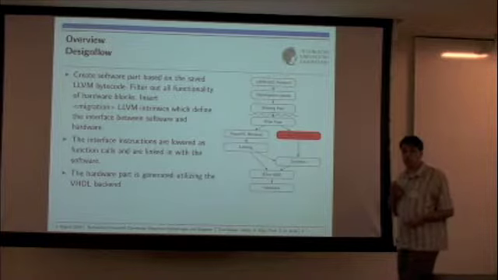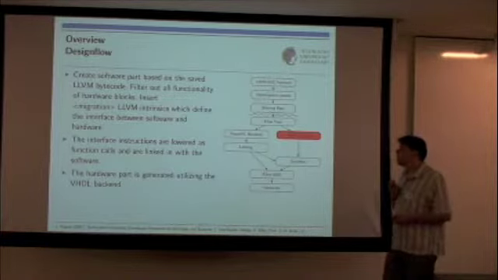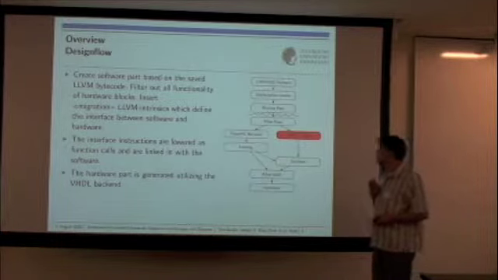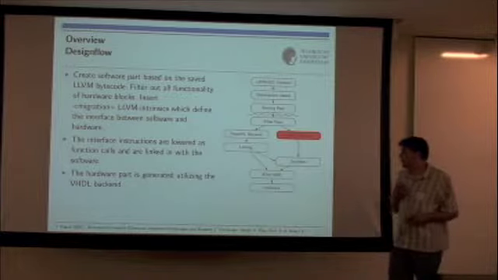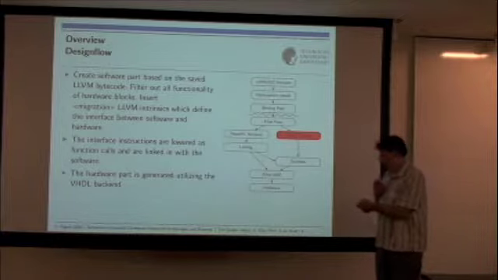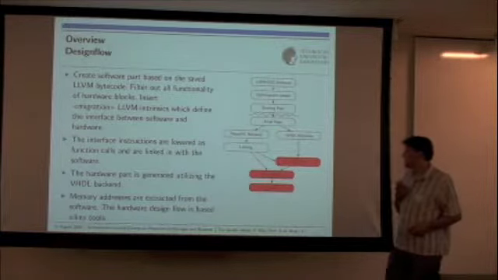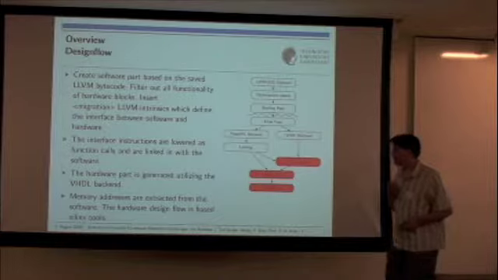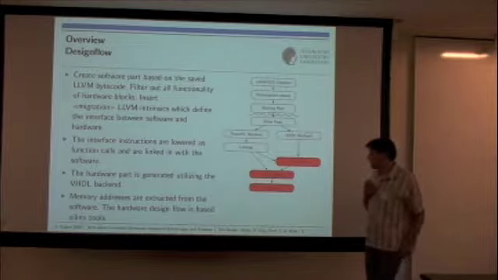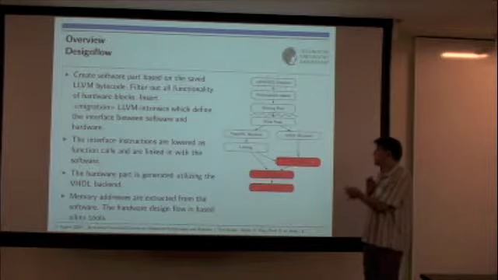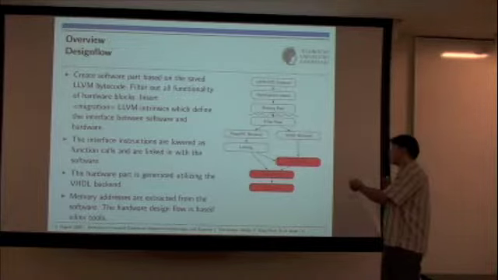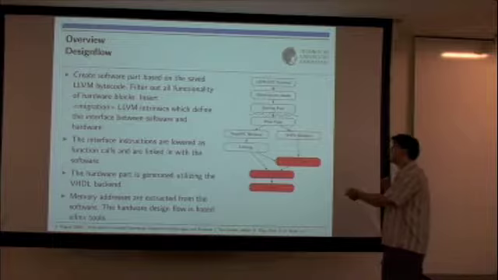The hardware part itself is generated utilizing the VHDL backend. It's based on the LLVM basic blocks, and the output of the VHDL backend is put into the standard synthesis run of the Xilinx toolchain, which creates a hardware description or a netlist out of the VHDL description.